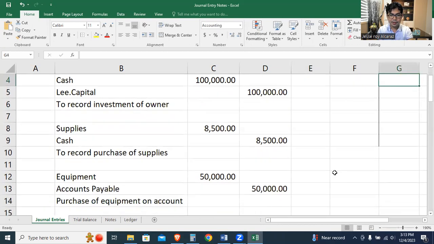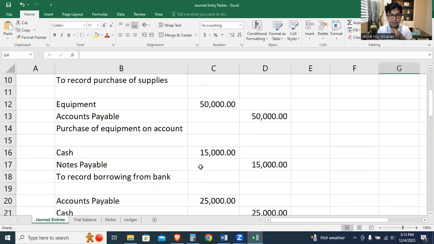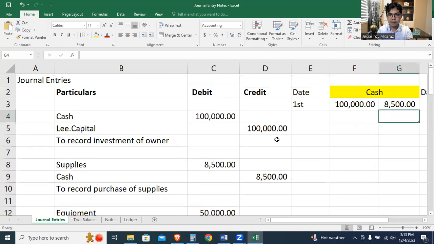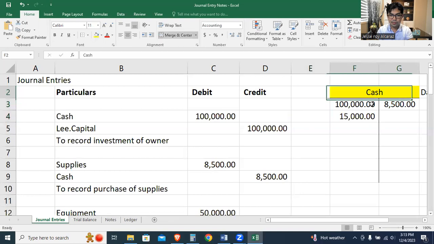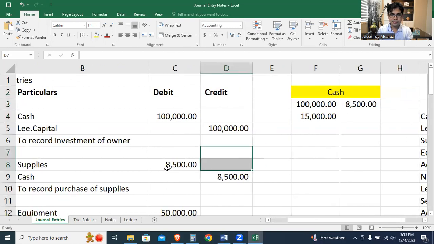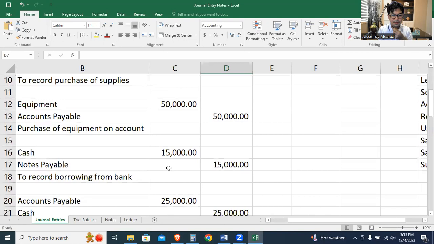Okay, and then, we have, isa pa. Okay, debit, cash, 15,000. Sunod na lang natin i-appeal, although you can include this one for easy tracking. So, we have 15,000.